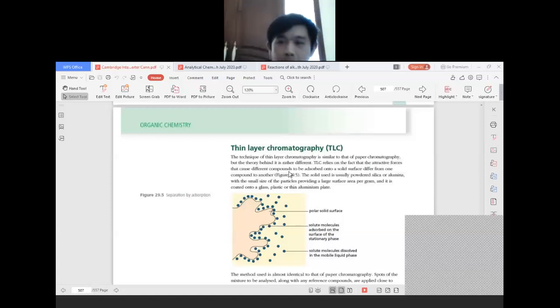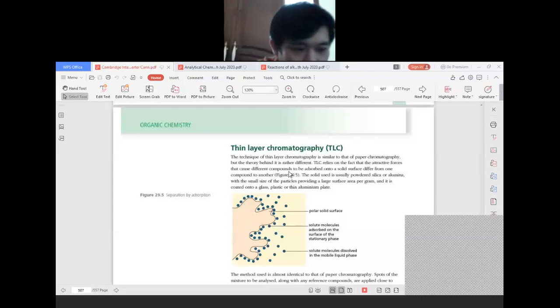The solid used is powdered silica or alumina, so silicon dioxide and aluminum oxide with small particle size providing large surface area per gram, and it is coated onto a glass, plastic or thin aluminum plate. So it is using an aluminum plate.